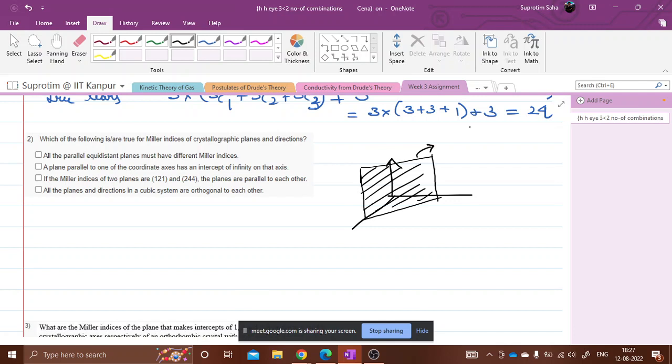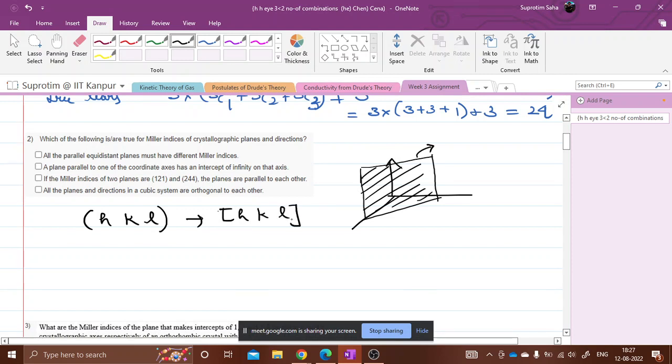Fourth option: all the planes and directions in a cubic system are orthogonal to each other. As we have been learning throughout the lectures this week, for a cubic system, if the plane is HKL, the direction will be given by HKL. So they're orthogonal to each other, and this is only applicable for cubic systems. For a tetragonal system, as you have noticed, this is not necessarily the case.